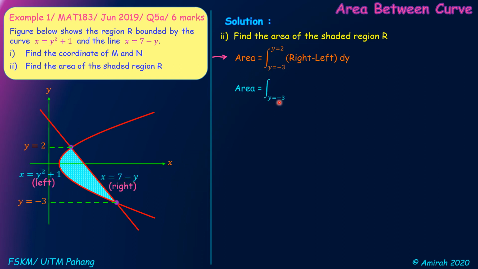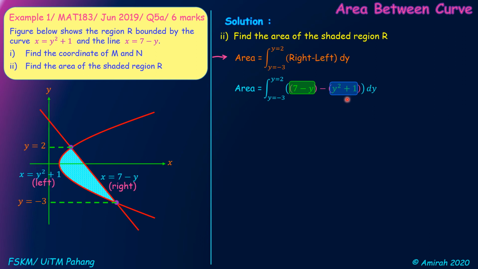After that, we get area equals the integration from negative 3 to 2, and we replace the right function, which equals 7 minus y. In between is minus, and the left function we replace by y squared plus 1.